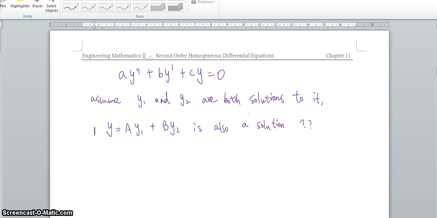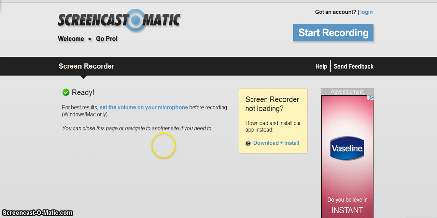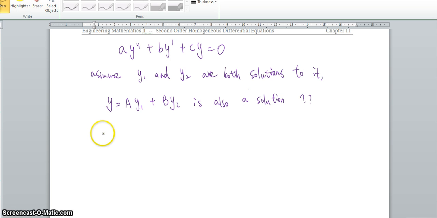Well, we can just plug this y into our initial equation. So I'll have a times y double prime. When I take the second order derivative for this y, since a and b are constants, they will stay the same, and y1 will become y1 double prime, plus b times y2 double prime.